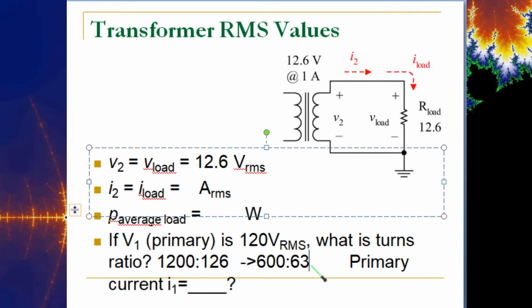I try to stick to whole numbers because I don't like partial turns in my ratio. Again, if you divide each one of these by 3, you would get 200 to 21. I don't believe that you can take that ratio down any farther. I think this is the lowest whole number value here. So it's roughly 200 turns to 21 turns to get you that 12.6 on the secondary.